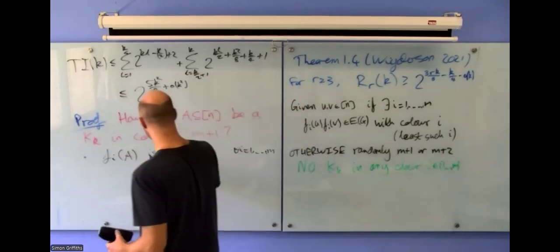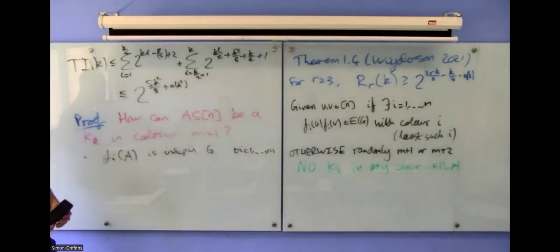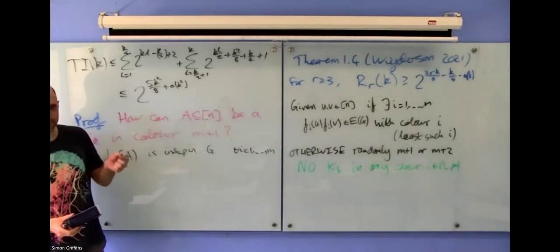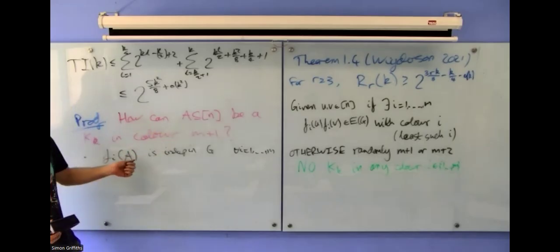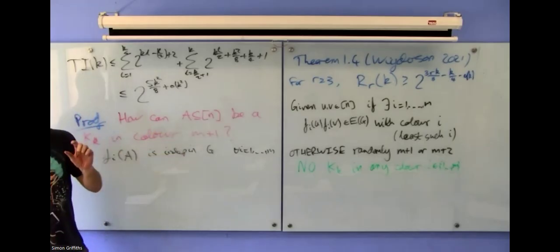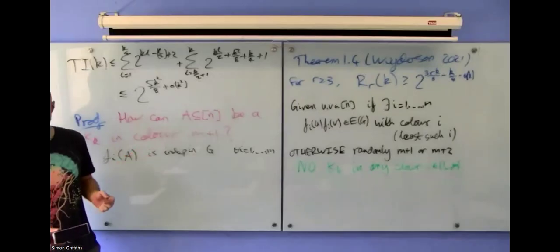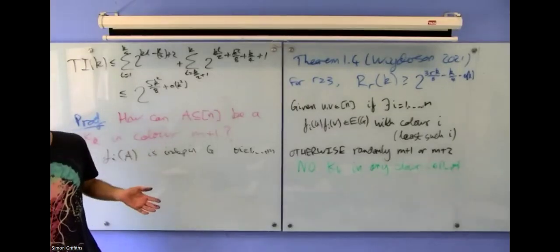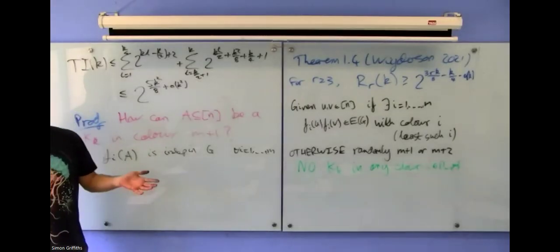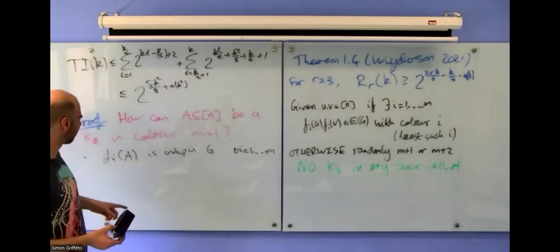So what does it mean to be independent in G? Remember, a pair is joined in G if the inner product is 1. So to be independent, it means all the inner products are 0. It's Z_2 to the n, but there are only 2 values of the inner product. It's a nice fact.